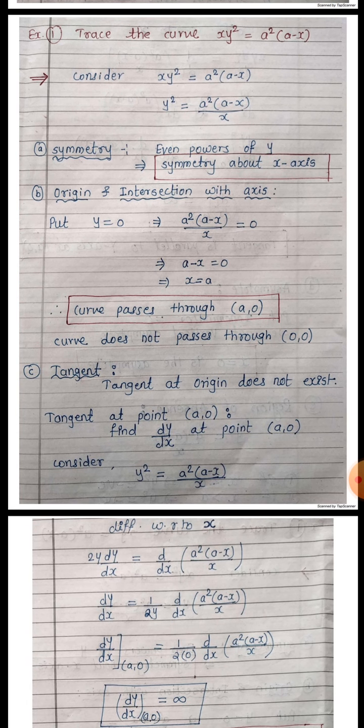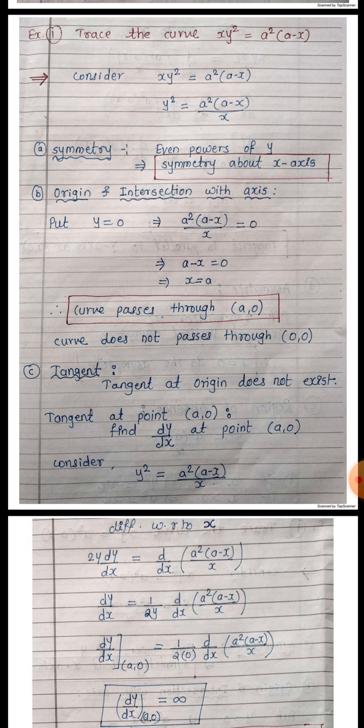We see the example. Trace the curve x y square is equal to a square in bracket a minus x. Write down the example. Now for simplification we write y square is equal to a square in bracket a minus x upon x. Check the powers of x and y.